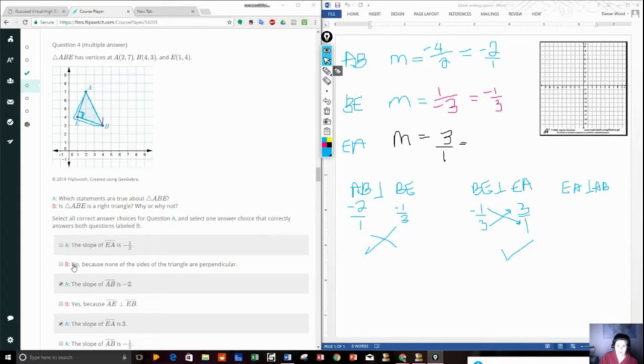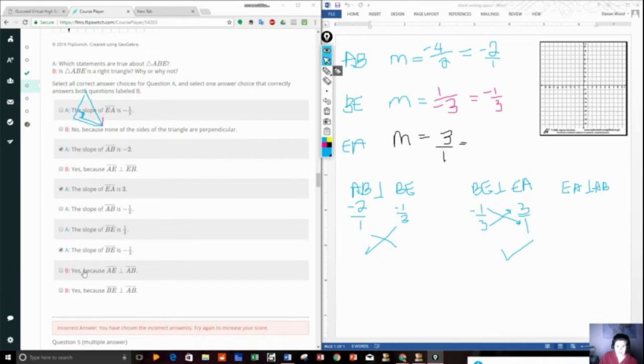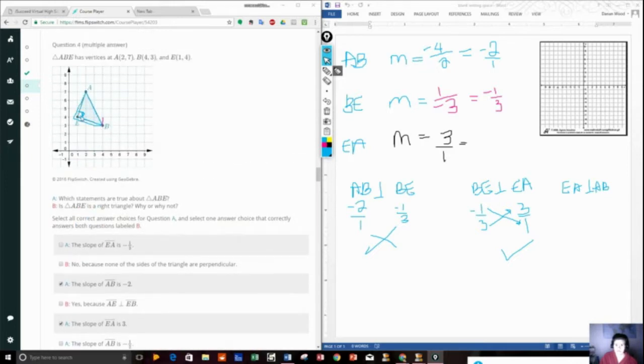So I'm looking for a yes for question B. So yes, because AE is perpendicular to AB. No. Yes, because BE is perpendicular to AB. Did I title my things wrong? BE to EA.